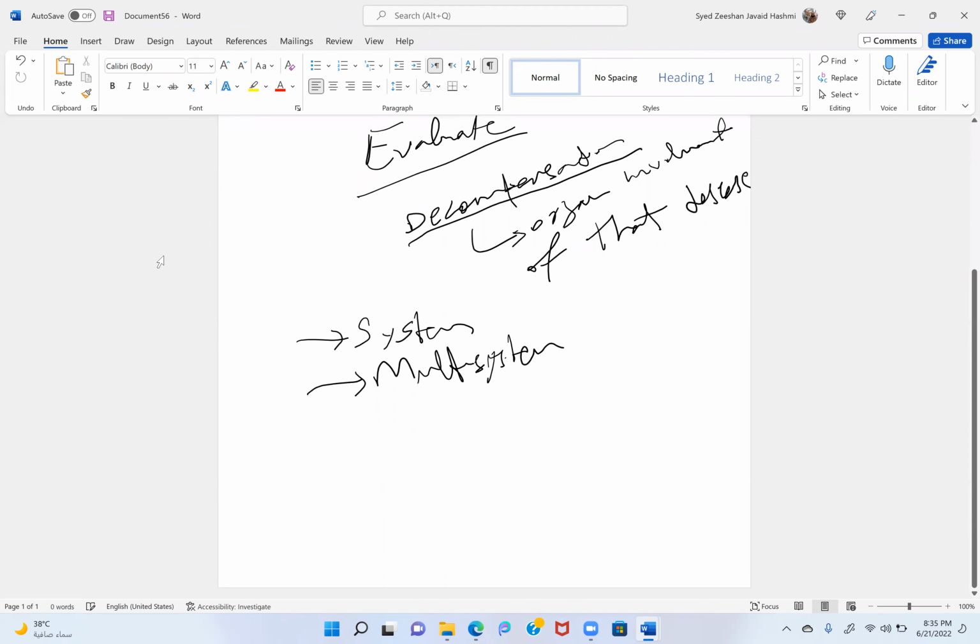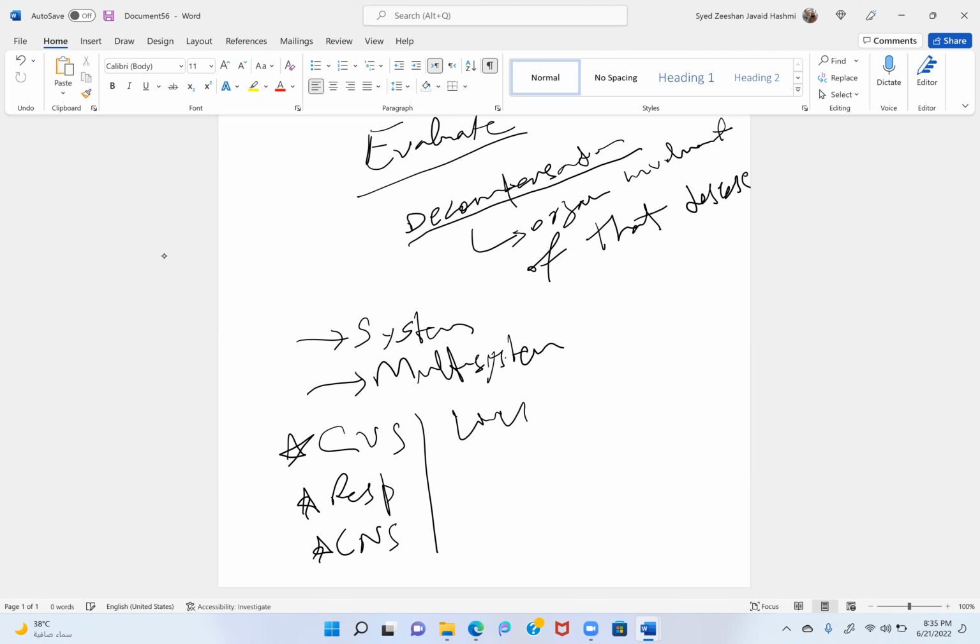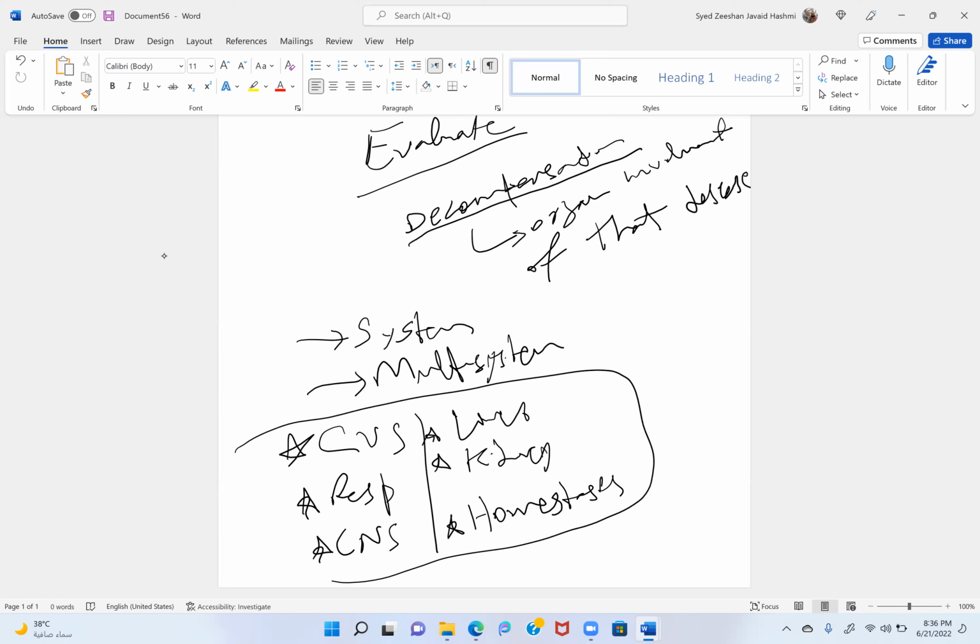Generally you should know that whatever system you are thinking of, like CVS, respiration, usually CNS, liver, kidney, and then homeostasis. If you divide it like this, you will be better off and will not miss anything.